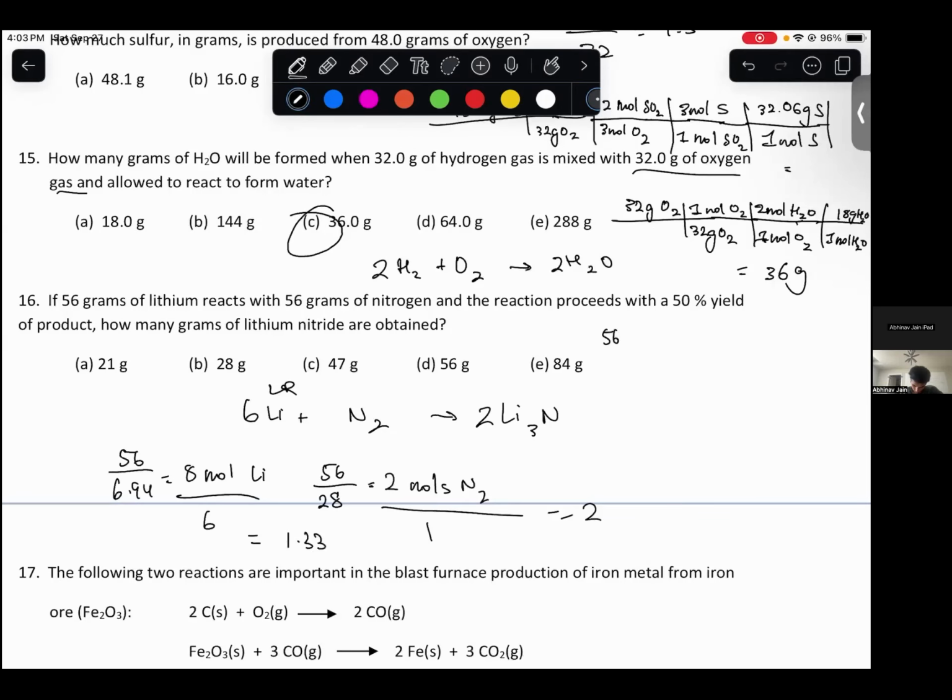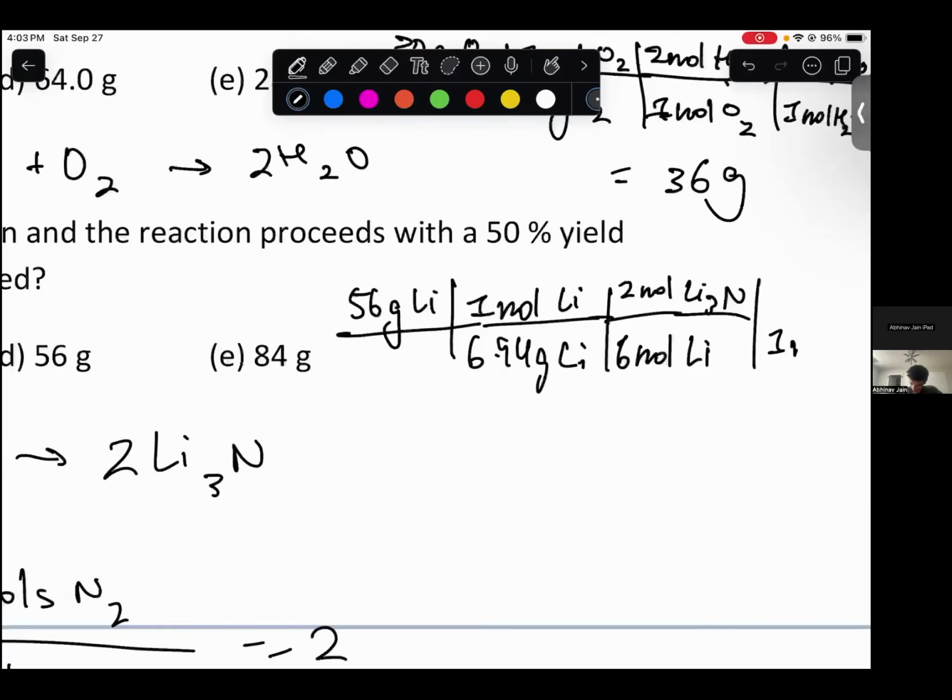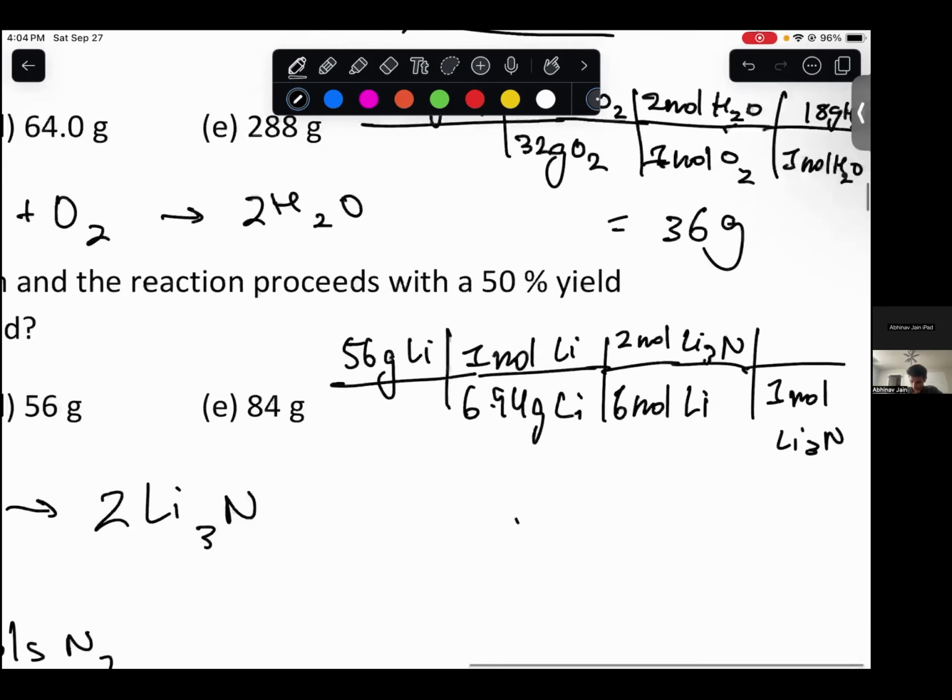So that means for every 6.94 grams lithium, we have 1 mole lithium. And for every 6 moles of lithium, we have 2 moles of lithium nitride. And for every 1 mole lithium nitride, how many grams of lithium nitride do we have? Well, 3 lithiums, that's going to be 6.94 times 3, plus the molar mass of nitrogen, which is 14.